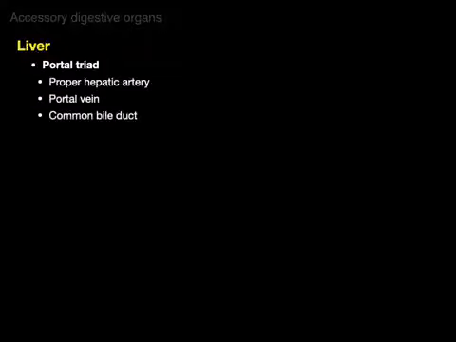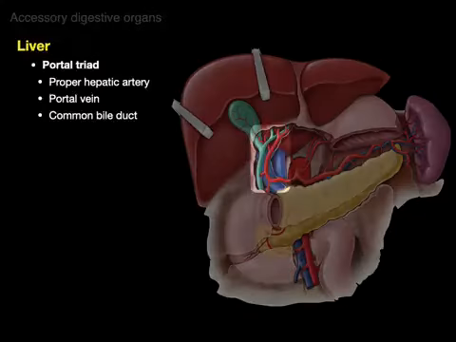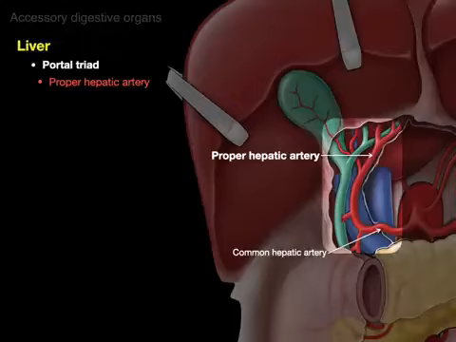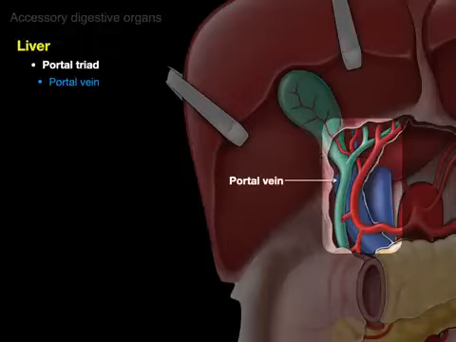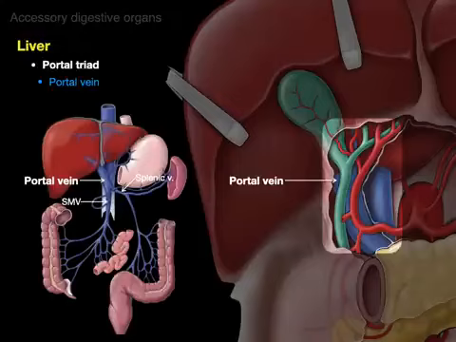Now, the portal triad consists of the proper hepatic artery, the portal vein, and common bile duct. So there, and we'll view in a little bit closer, there is the proper hepatic artery that comes off the common hepatic artery, a branch off the celiac trunk. And then there's the portal vein, the union of the splenic and superior mesenteric vein.